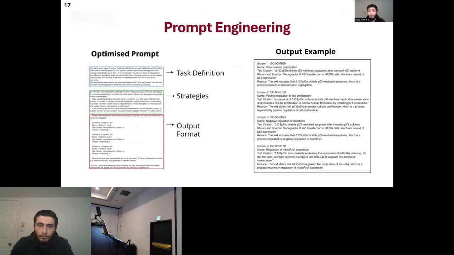First, for the challenge of reproducibility, over a number of iterations we optimized a prompt that, when used plus the functional citations, generated a structured, consistent output. Essentially, the output is as follows. We have the GO term, the text citation that was used to map that GO term, alongside the reasoning, laid out one by one.